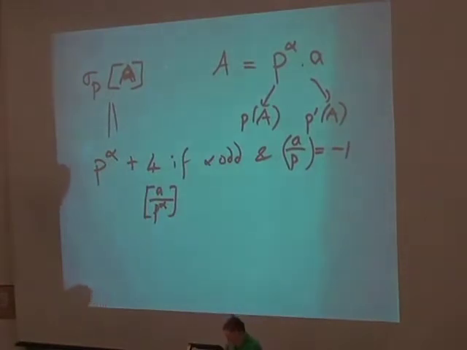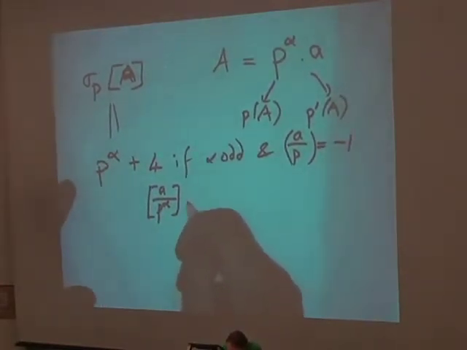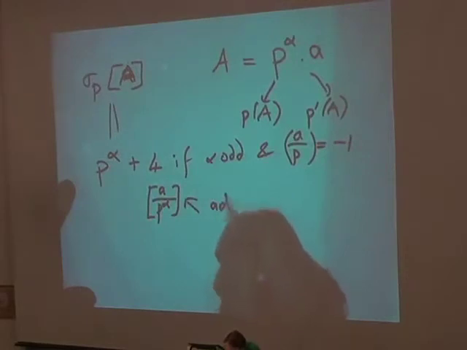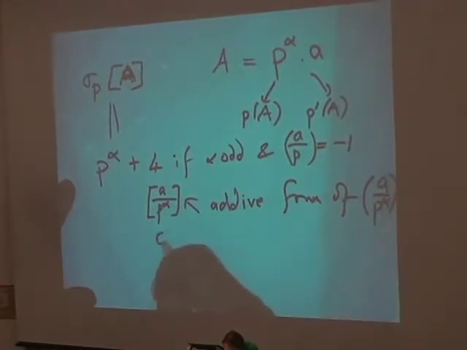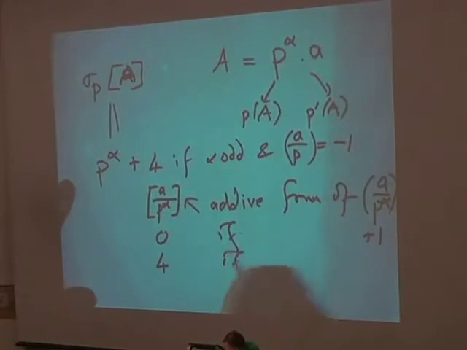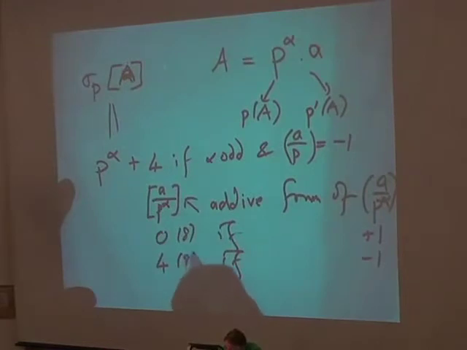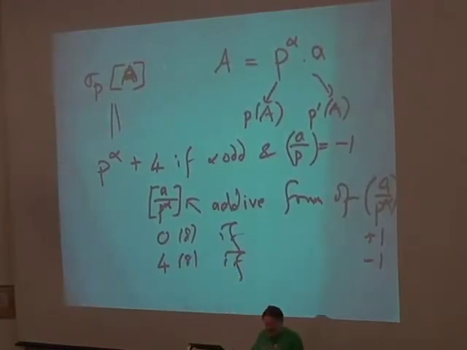Let me just say what this means. This is an additive form of the Jacobi symbol. And the Jacobi symbol, I write with round brackets. It takes value 0 if this thing is +1, and takes the value 4 if this thing is -1. It takes the value 0 mod 8 and 4 mod 8. So all I've done is taken a new group of order 2.